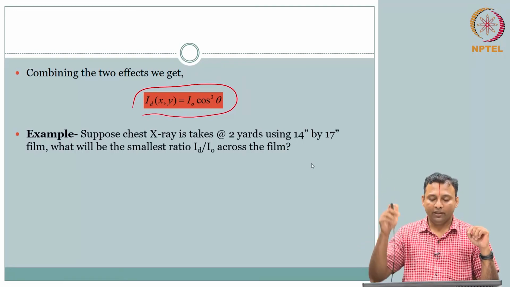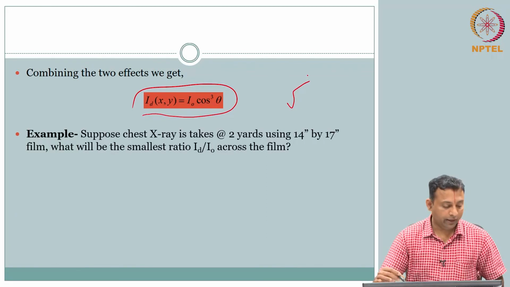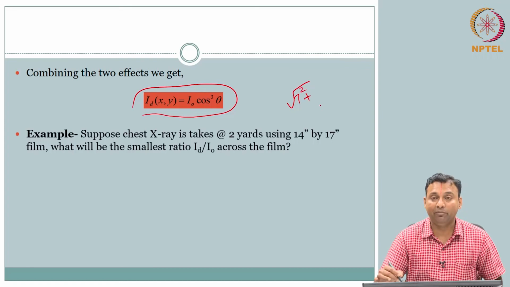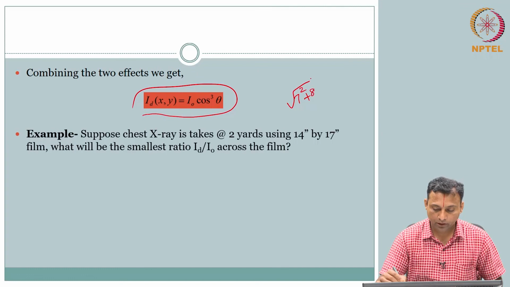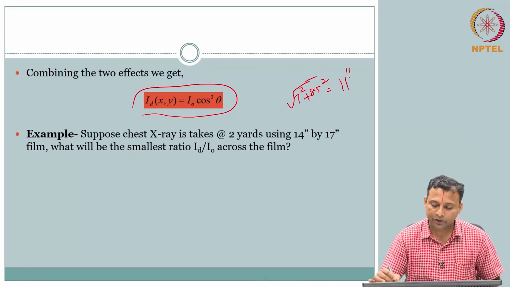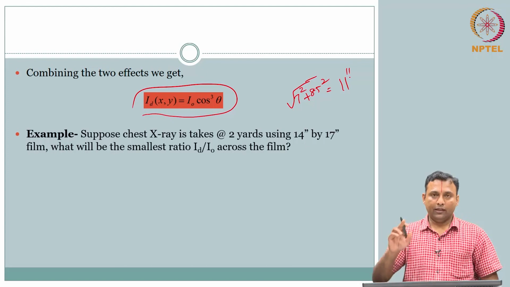So that is going to be the square root of (14 by 2) squared plus (17 by 2) squared, 8.5 squared, whatever that number is. This turns out to be about 11 inches. Okay. So that is that point.